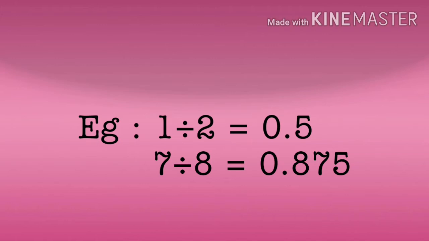0.875. Now the remainder is 0. Right? Yes. What about 1 divided by 2? Here also, after 0.5, the remainder is 0. So terminating means what? Decimal expansion ends after a finite number of steps. In this example, after 1 or 2 steps, the remainder becomes 0.